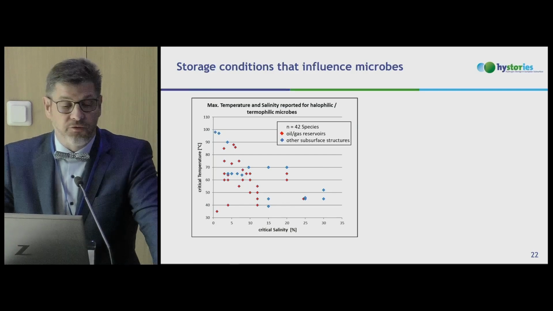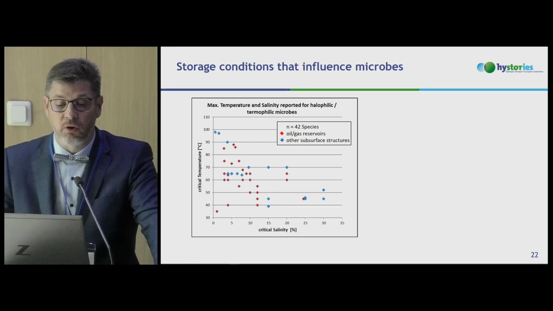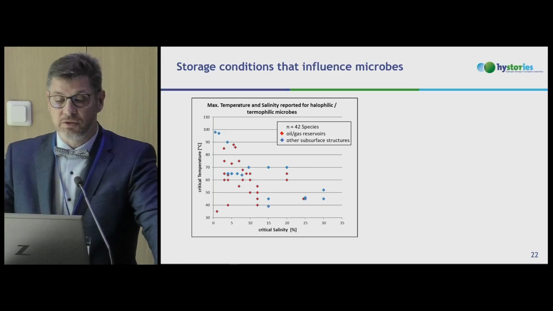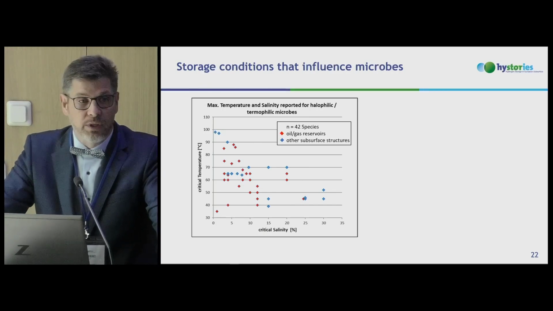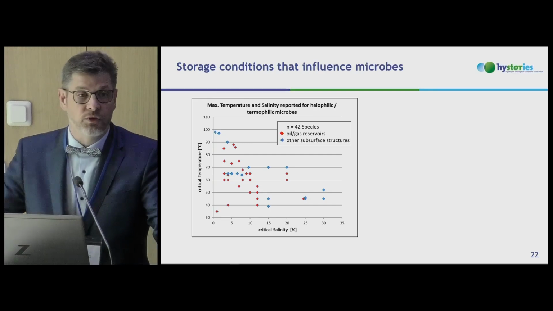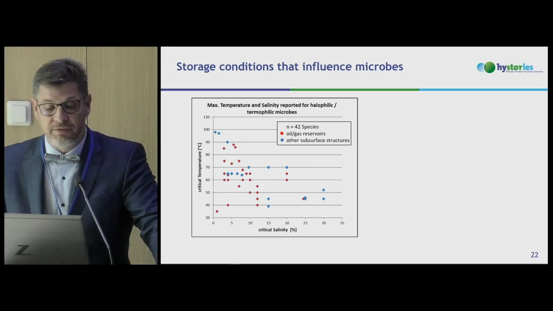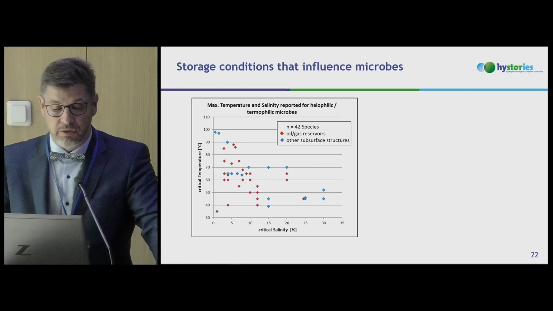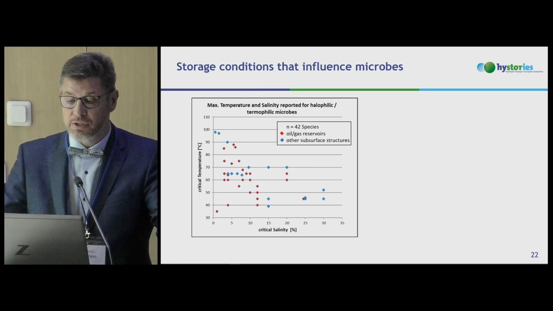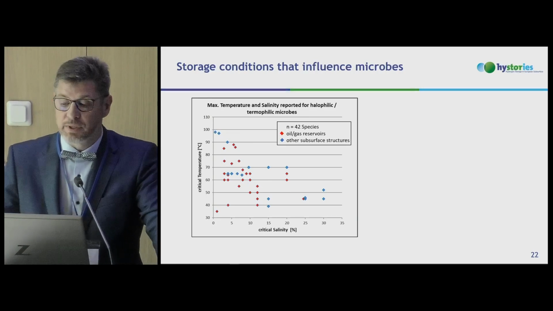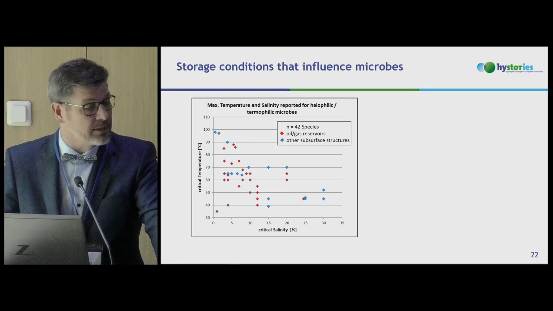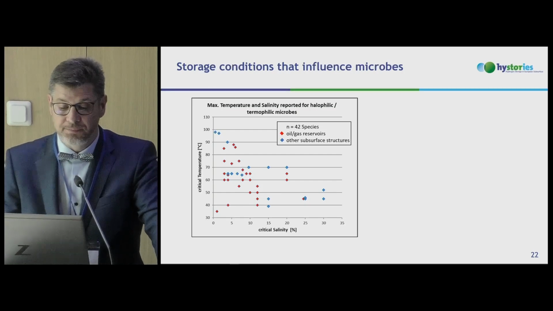The analysis of formation water samples showed that reservoirs with temperatures up to 80 degrees often contain active microorganisms. An interesting aspect in this connection is the connection between salinity and temperature, as both stress factors reinforce each other. This effect is already known from oil reservoirs. The diagram summarizes published limits of microbial enrichment cultures from oil and gas reservoirs and some subsurface structures.